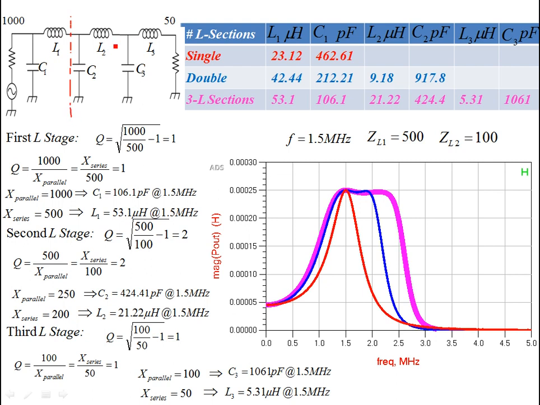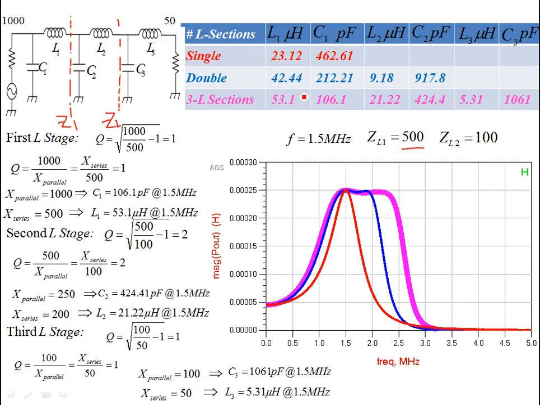And you can see this for three L sections cascaded. You will have a center impedance Z1, you will have Z2, and you can see that these two values are again in between the 1000 and 50. So for example, over here you are going to select this to be 500, which is less than 1000 but greater than 50.